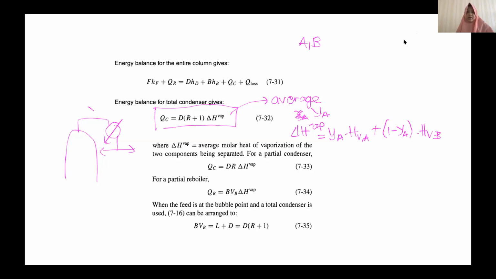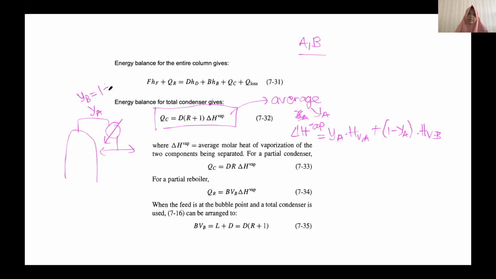Right, okay, so if we have components A and B, the stream will have a vapor fraction of A, YA, okay? And what is the vapor fraction of B? 1 minus YA.